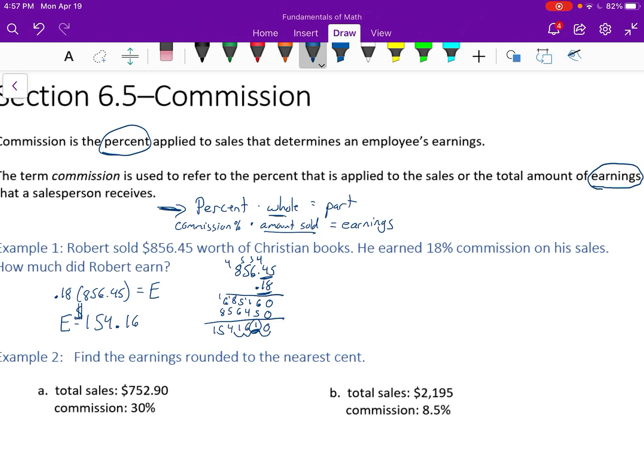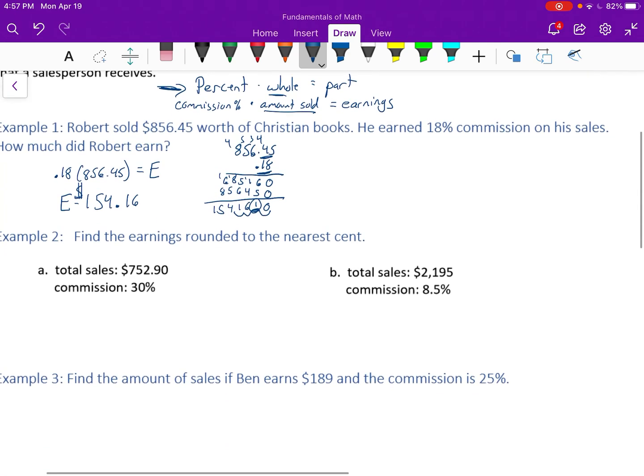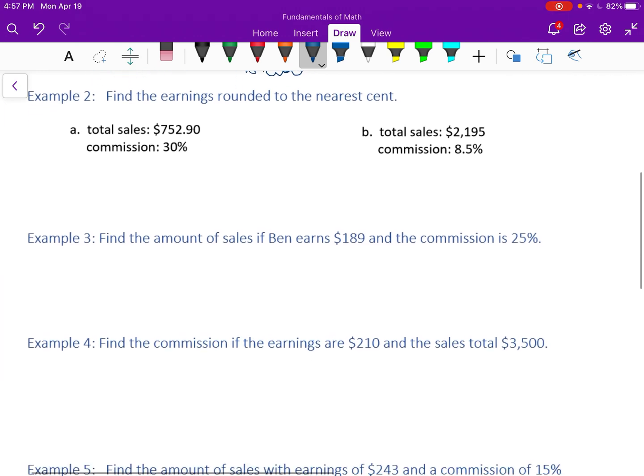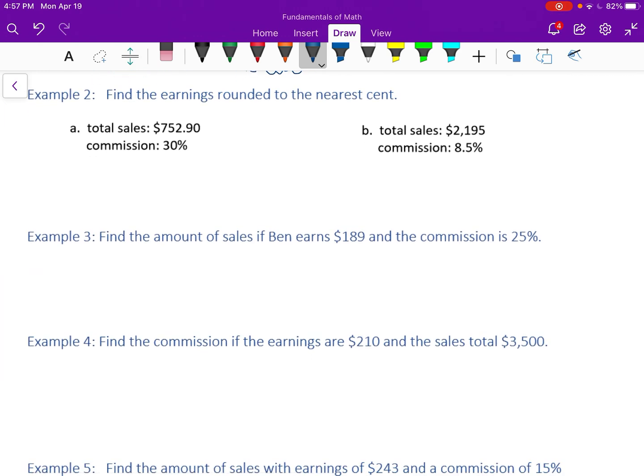All right, let's take a look at these next two. Find the earnings, round to the nearest cent. Well, we know that percent times whole equals part. The percent is the commission, which we changed to a decimal, so 0.3.